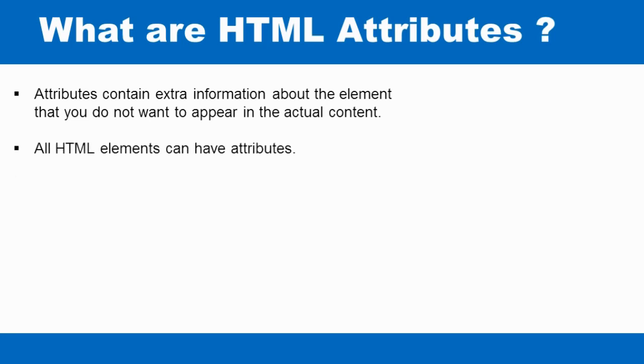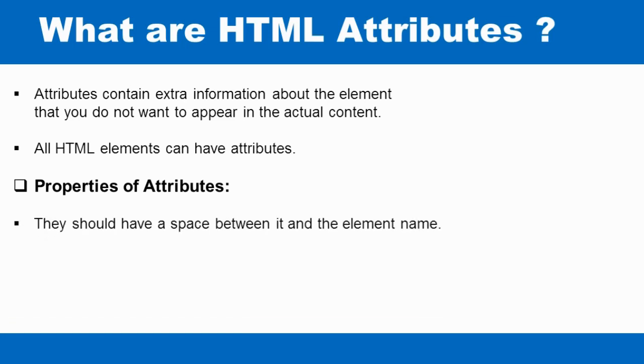There are some properties that all attributes should have. They should have a space between it and the element name. The equals to sign is used to assign a value to an attribute.